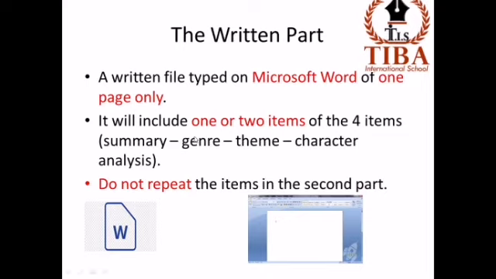Okay, you want to start with the theme and the character, no problem. Choose 1 or 2 items, okay, to fill the whole page. Okay, you have to write a full page. Okay, only 1 page about the written part, which will include 2 items of the story.